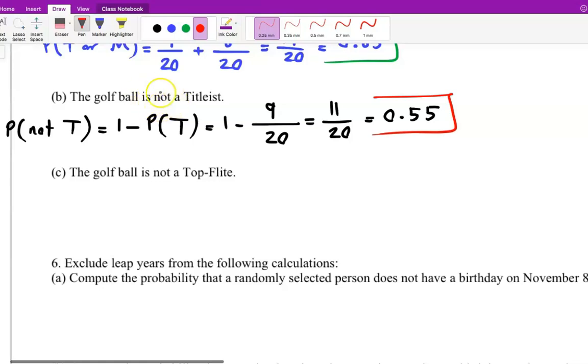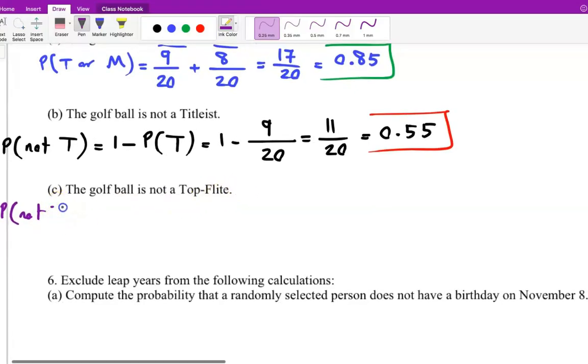So here is not, that's why we subtract from 1. Here again is not, so again we should subtract from 1. So probability of not TF, again subtract from 1. Now here we have probability of top flight. Subtracting from 1 is for when we don't have that part. It's 1 minus, for TF we have 3, in total 20.